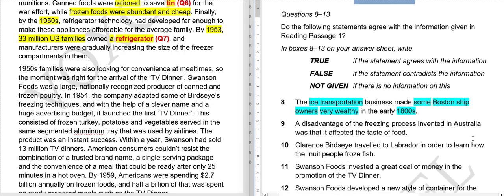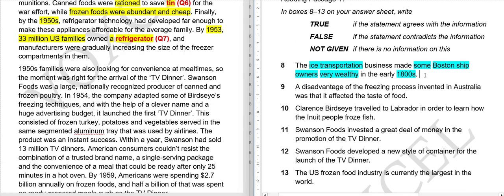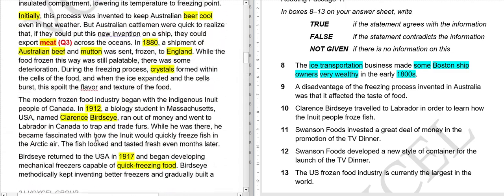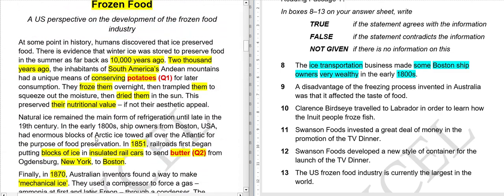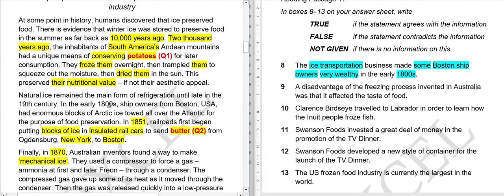So now we know we have read something about Boston ship owners in the first paragraph. Let's see. Here it is. In the early 1800s, ship owners from Boston, USA had enormous blocks of Arctic ice stored all over the Atlantic for the purpose of food preservation.